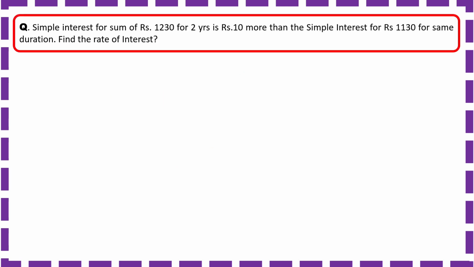Simple interest for a sum of rupees 1230 for 2 years is rupees 10 more than the simple interest for rupees 1130 for the same duration. Find the rate of interest. So in both the cases, the duration is the same, 2 years and 2 years. Whenever we find these kind of problems, we have to make an equation so that we can do it easily.